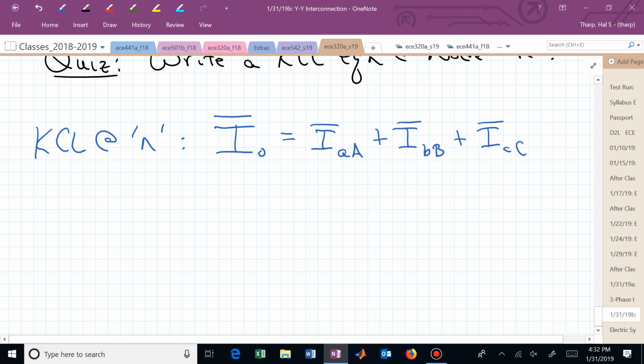I sub 0 is just V sub n over the impedance through that neutral conductor. That's I sub 0.